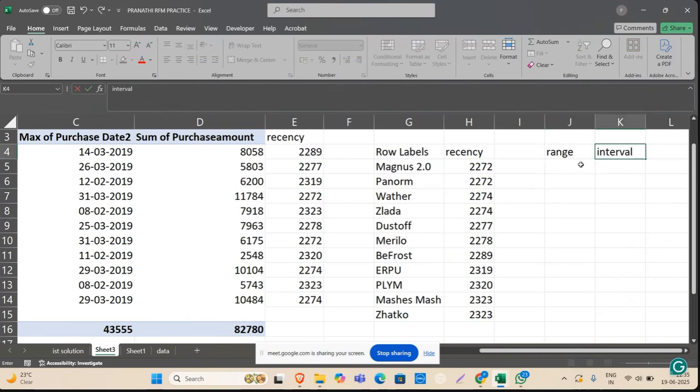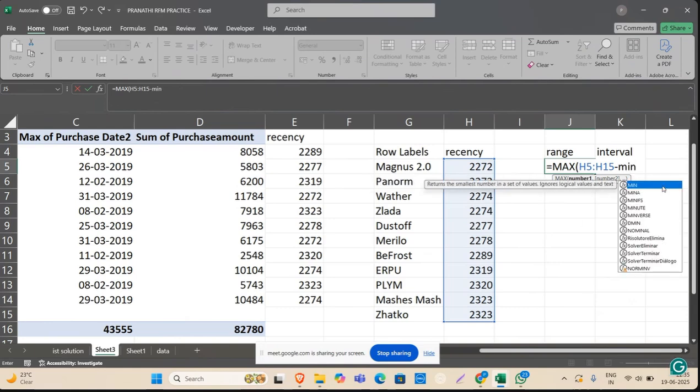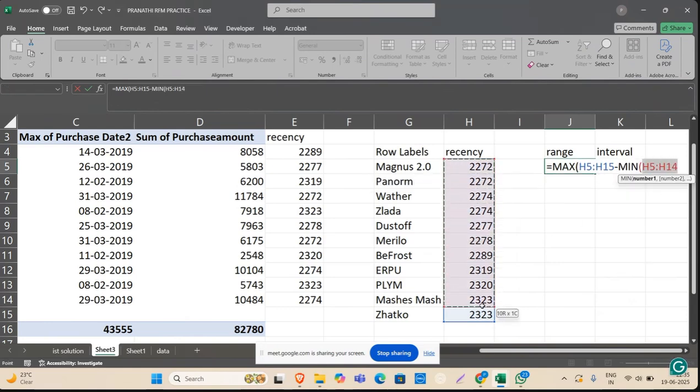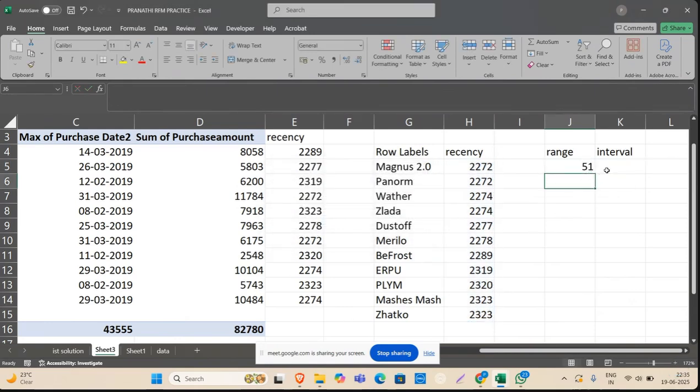The range formula is the maximum of recency, selecting the entire column, minus the minimum of recency. So I got my range, and then you calculate the interval, which is equal to 50.